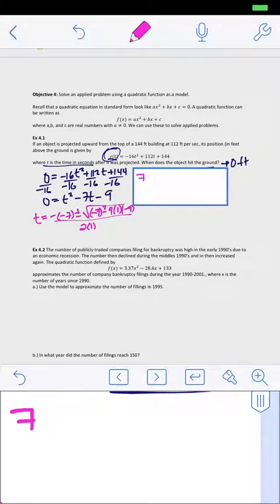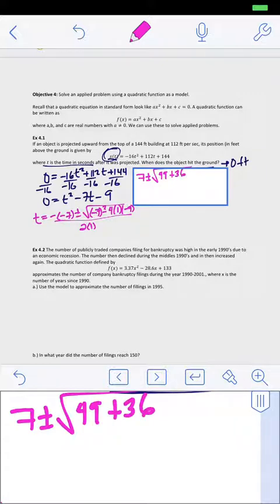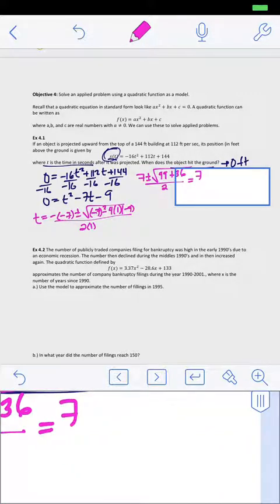And up here, so 7 plus or minus the square root of 7 squared, which is 49, minus 4 times 1 times negative 9, which is negative 36, so plus 36, all over 2. That's 7 plus or minus, 49 plus 36 is 85.